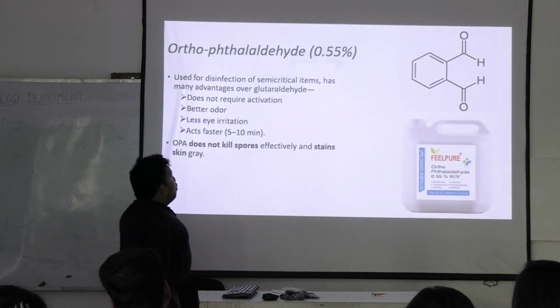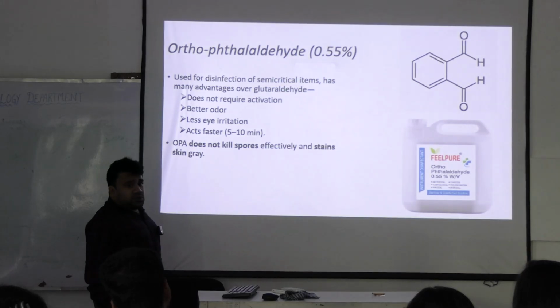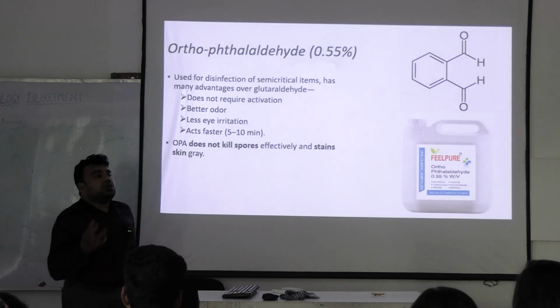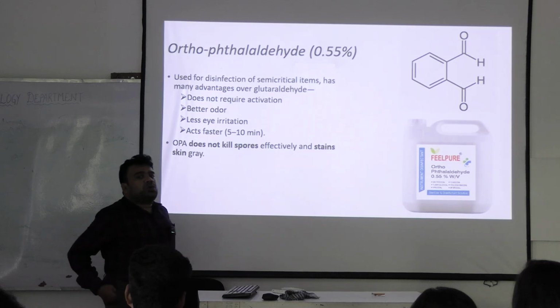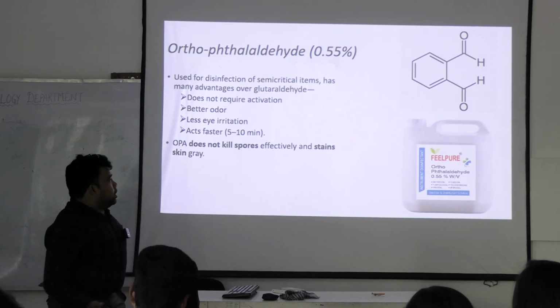Next comes ortho-phthalaldehyde. Advantage of this one is that it does not require activation. For glutaraldehyde, you need to activate two chemicals mixed to regenerate the active glutaraldehyde. Over here, you don't need to activate, so it is much easier to use. You can pour it from the container and use.